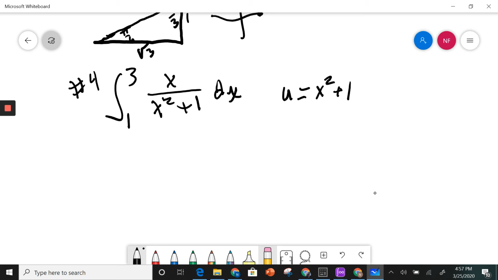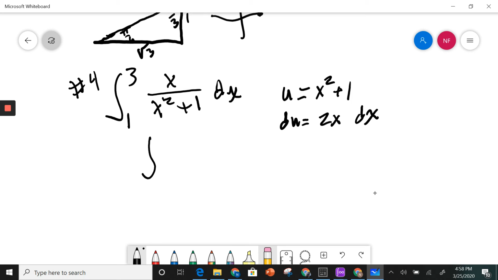Why not? It's on the bottom here. It's something we can integrate easily. And when we do integrate that, we get a nice 2x dx. And we just have to make sure that we can fit that in. So we already have the x, we just need the 2.